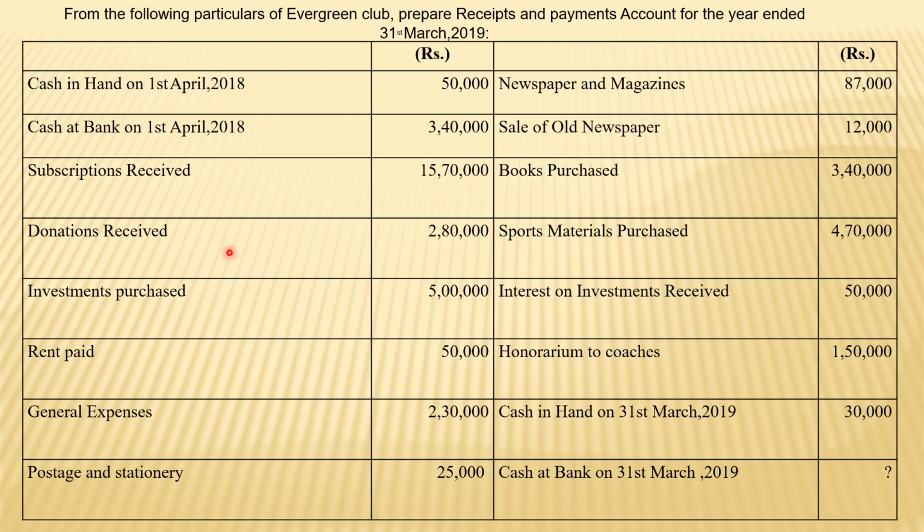Here all are cash transactions, so there is no question of finding out separately which will not come. So all will come in this problem, but sometimes if outstanding expenses are there in the problem, they will not come in the receipts and payment account, as its main feature is that only cash transactions will come. Similarly, if depreciation of any asset is provided, that also will not come. So let's see the solution here.